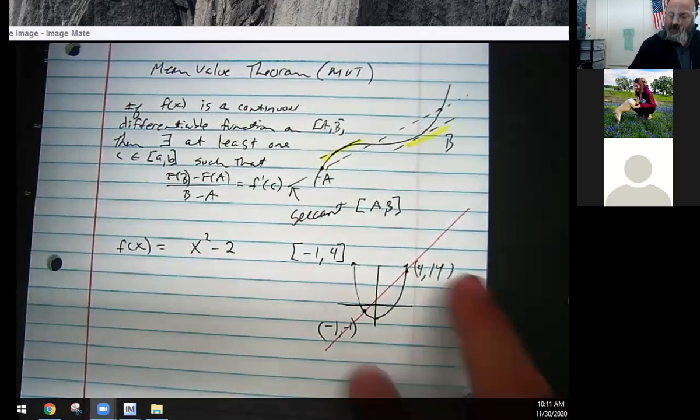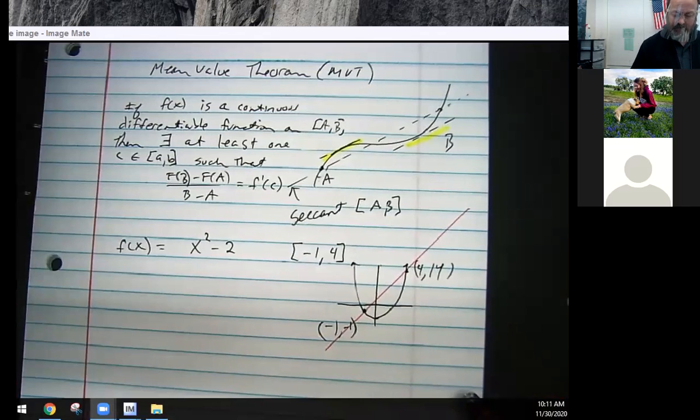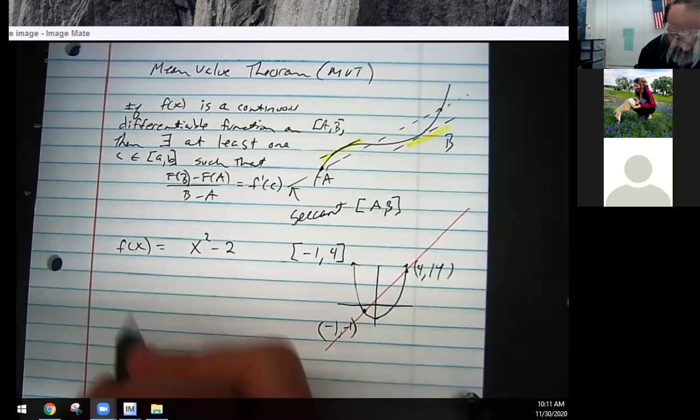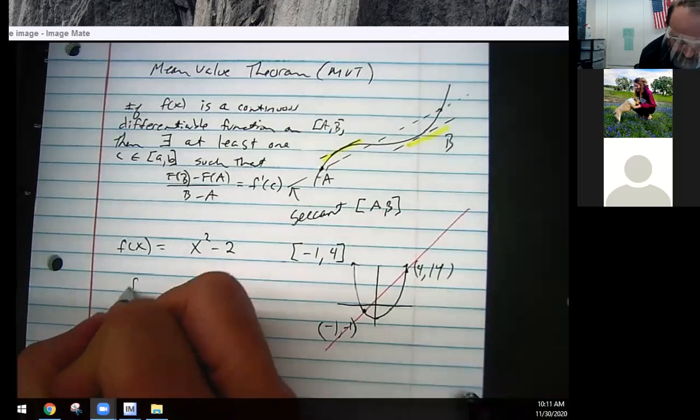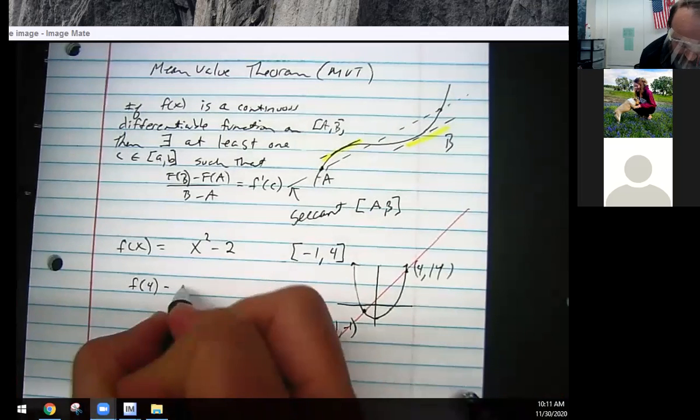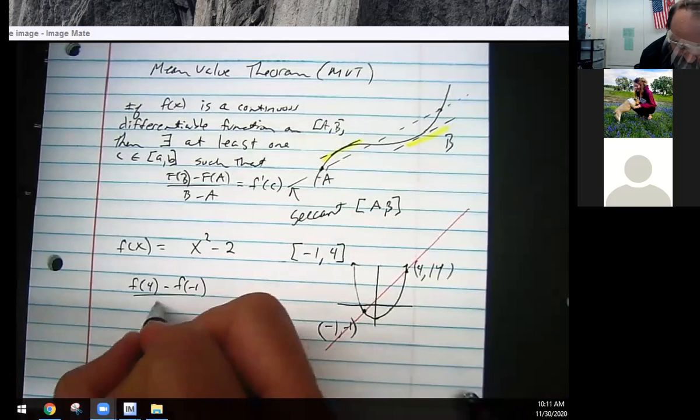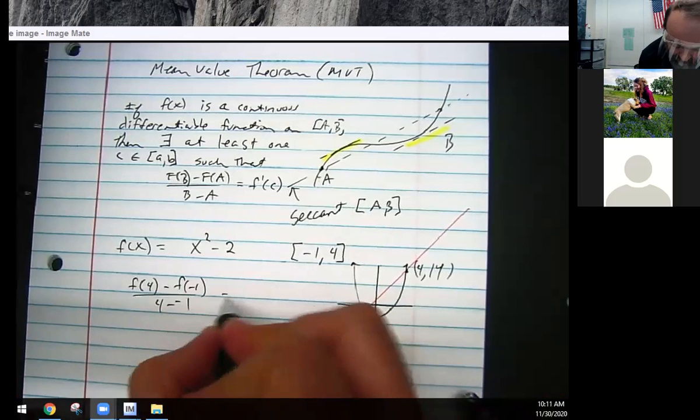But what is the slope of this line right here? What is f of B minus f of A over B minus A? What is f of 4 minus f of -1 over 4 minus -1?